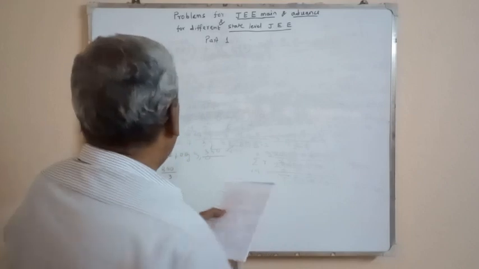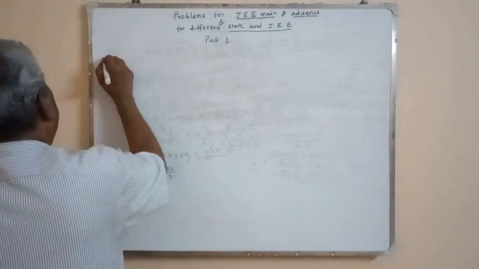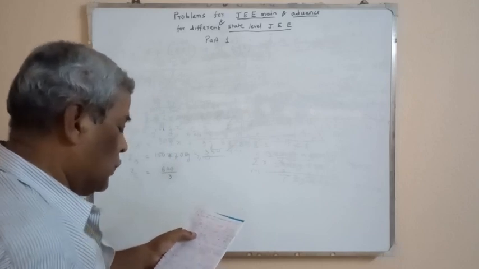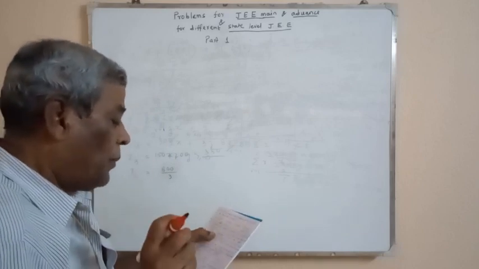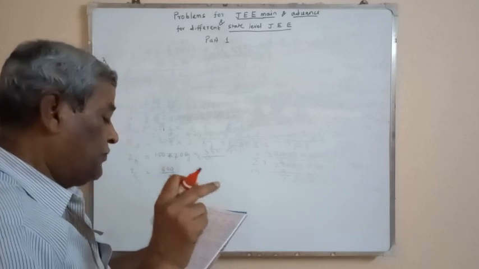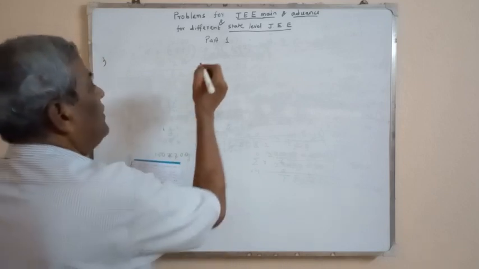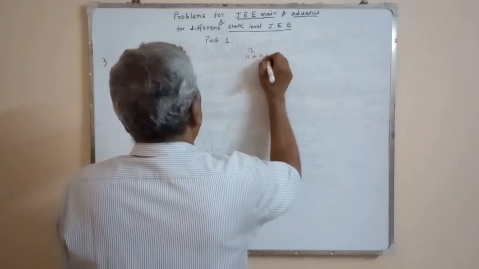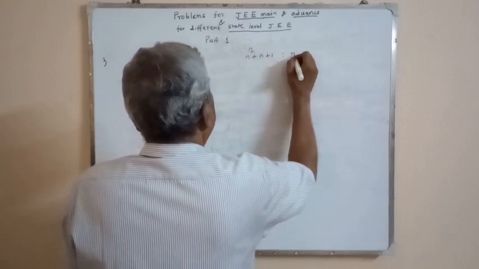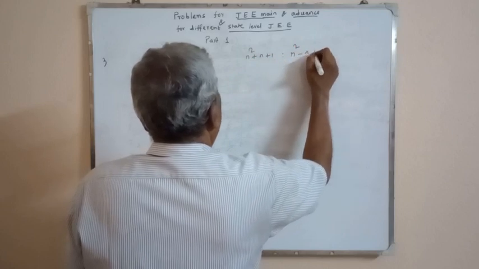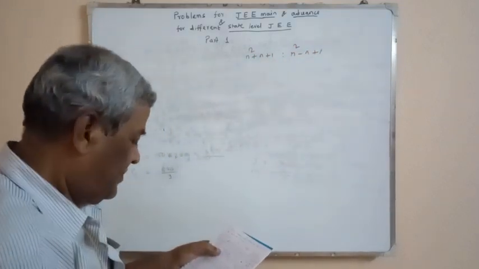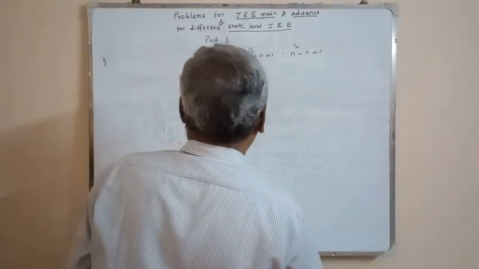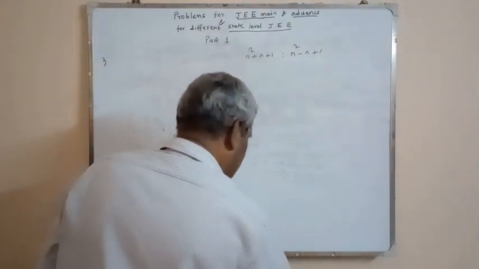Problem number 3. If the ratio of sums of n terms of two different APs is (n square plus n plus 1) is to (n square minus n plus 1), then find the ratio of their fifth terms.